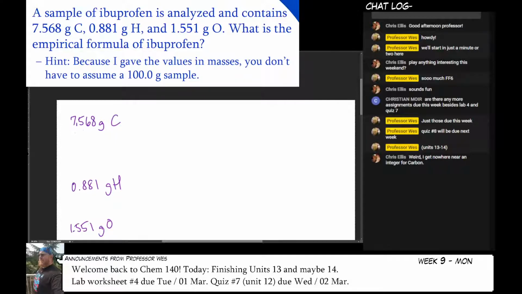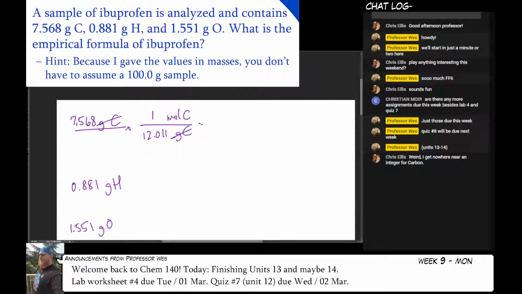So let's turn everything into moles. You didn't get an integer for carbon. Let's see if I can find the mistake here. A mole of carbon should be 12.011 grams, right? That's off the periodic table. I don't know why I thought I was going to do that number in my head, but I accidentally hit enter one keystroke too early, and I got the wrong number.